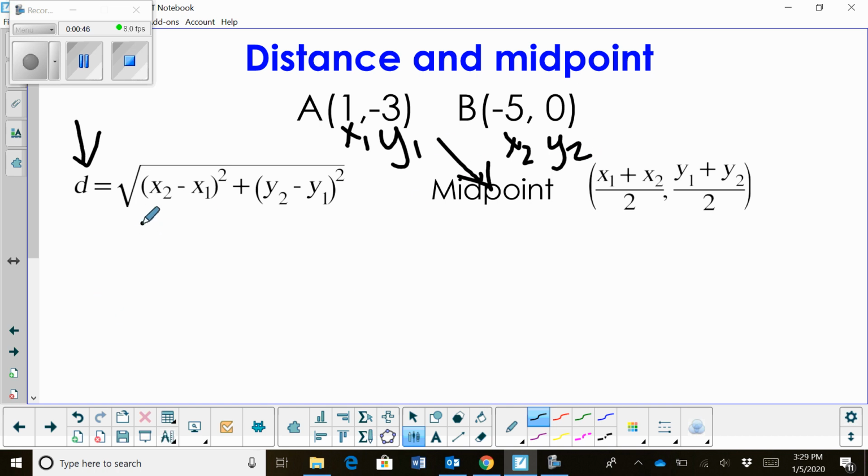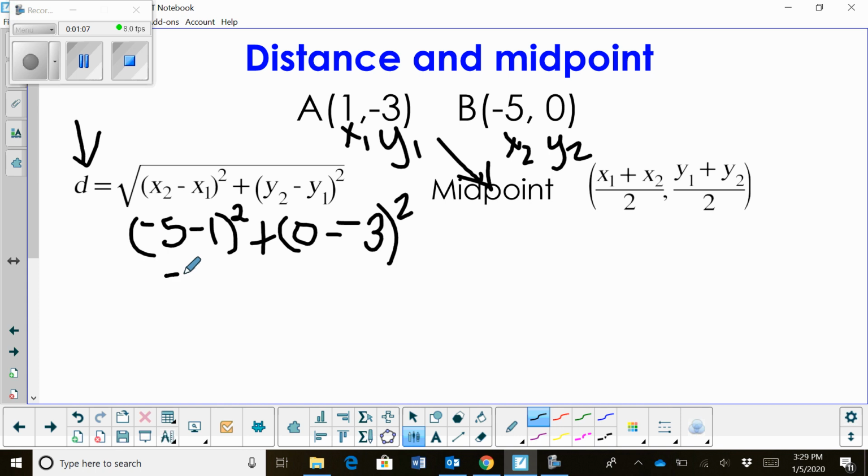So I'm going to take x sub 2, which is -5, and I'm going to subtract 1, and I'm going to square all that. And then I'm going to add y minus y, so y sub 2 is 0, minus a -3 squared.